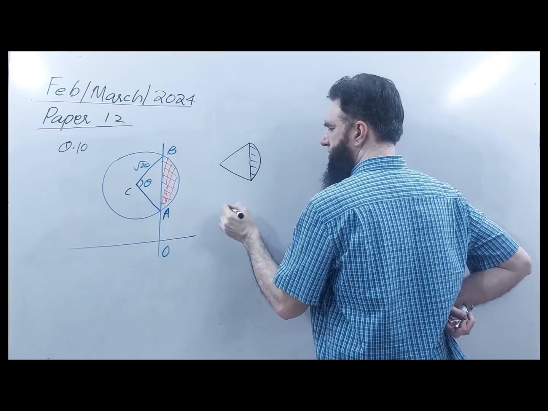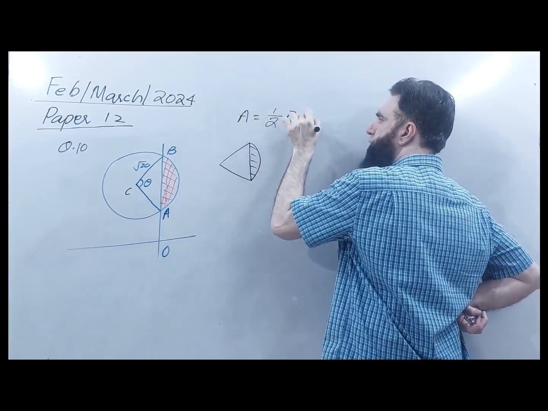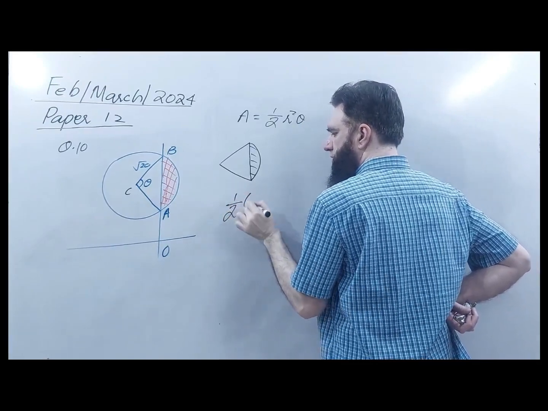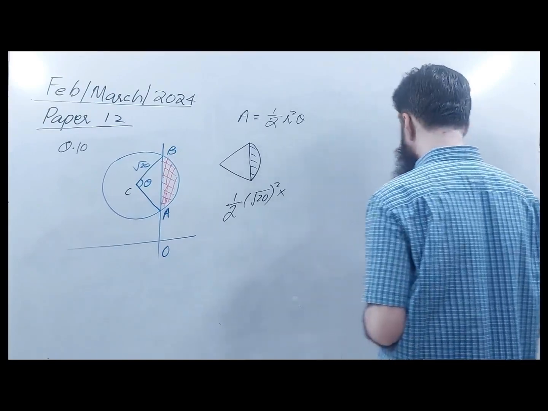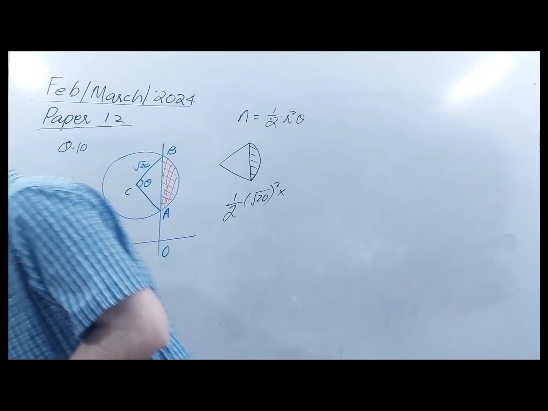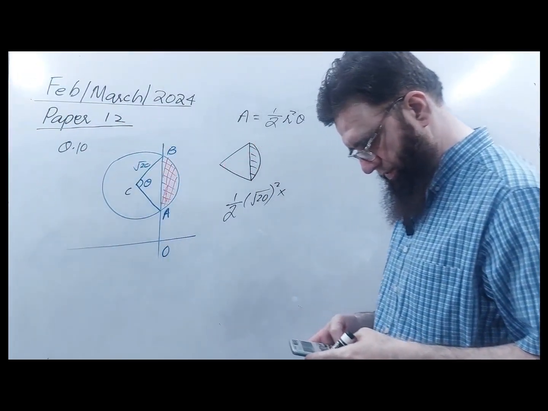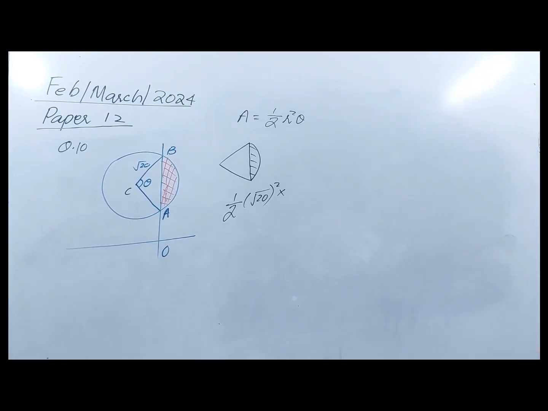So the sector area, the formula given in the formula list, is half r square theta. So half under root 20 square. The theta is, well, I erased the screen. The theta was 0.9346, I think. Let me remember it, and we do the area.